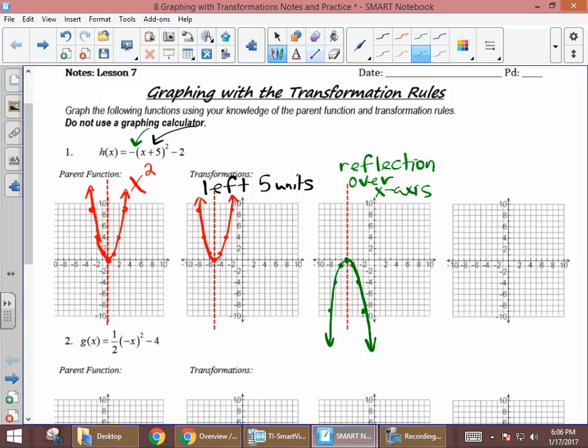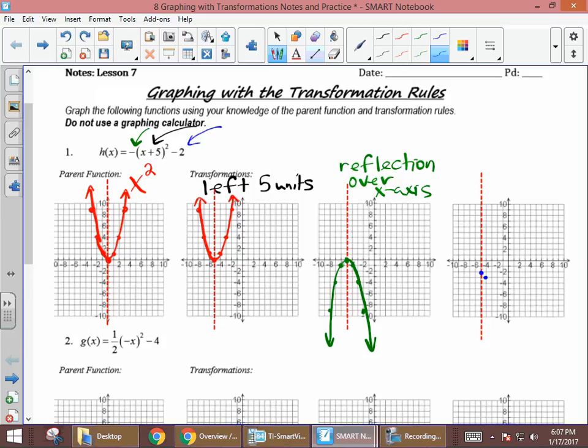And the last thing it says to do is go down 2. Does it still have that? Nope. So -5 is still there. And now we're going to go down 2 units. So the vertex is no longer on the x-axis. It's down 2.